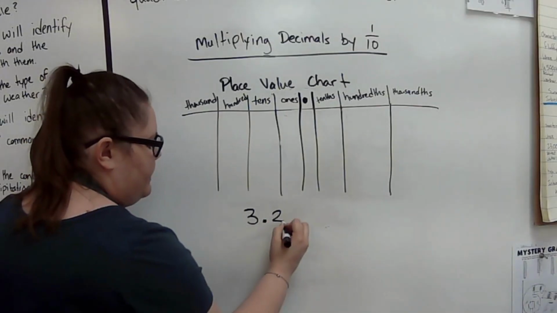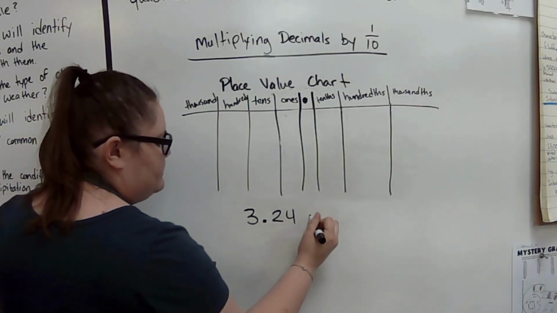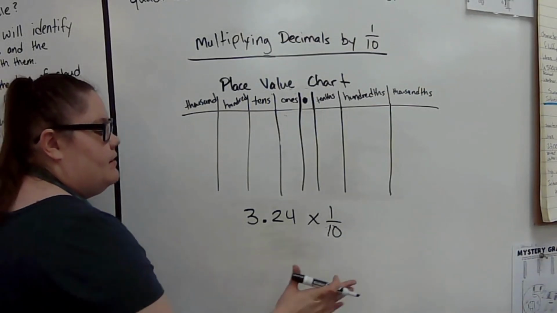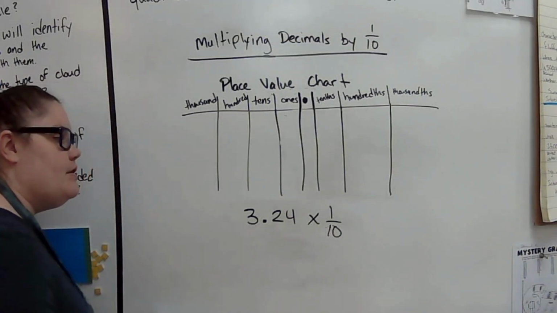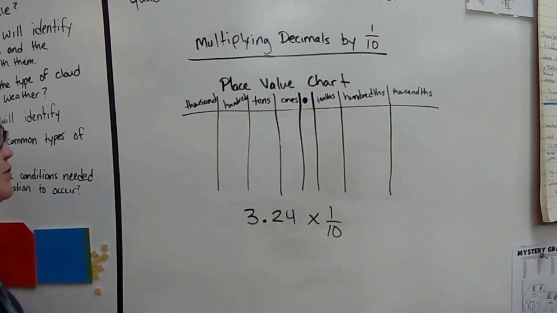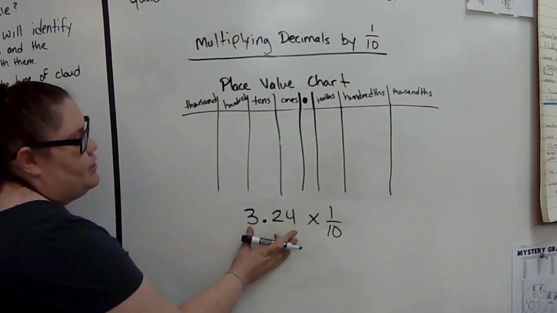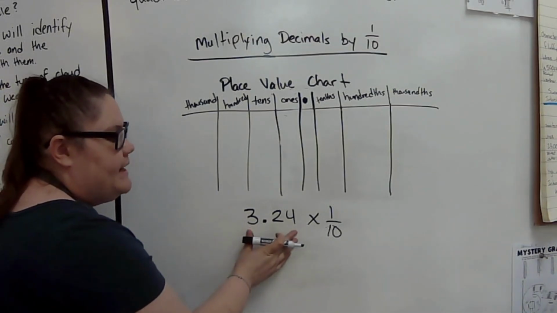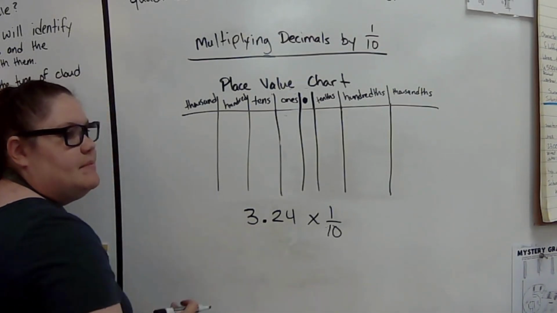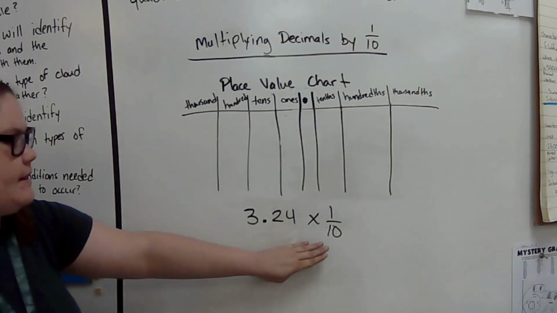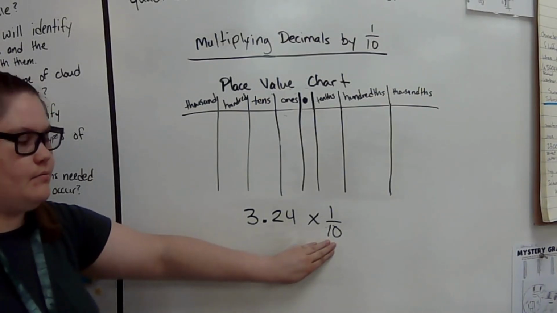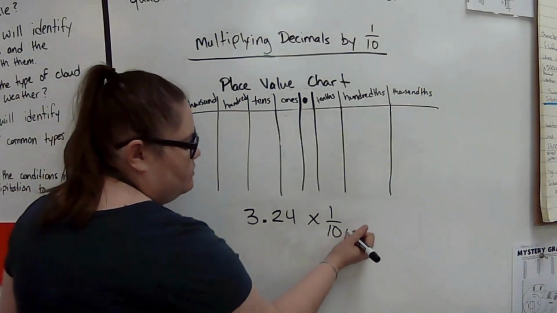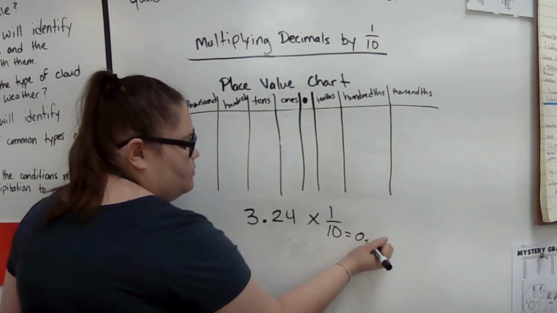I have 3 and 24 hundredths times 1/10. Again, we know that 1/10 is smaller than 1, so my value is going to decrease. Just like the trick before, we need to count the zeros. Sometimes that can be a little bit tricky seeing the number as a fraction. But students should know that 1/10 written as a decimal is the same as this, 0.1.